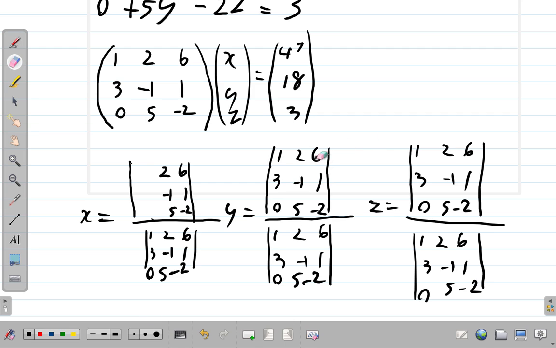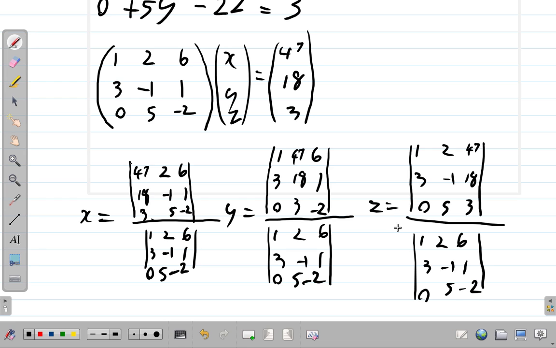For y, we must replace the second column with the elements in the answer. And for z, we must replace the third column with the elements in the answer. See that? So, to find x, we have 47, 18, 3 here. To find y, we have 47, 18, 3 here. To find z, we have 47, 18, 3 here.